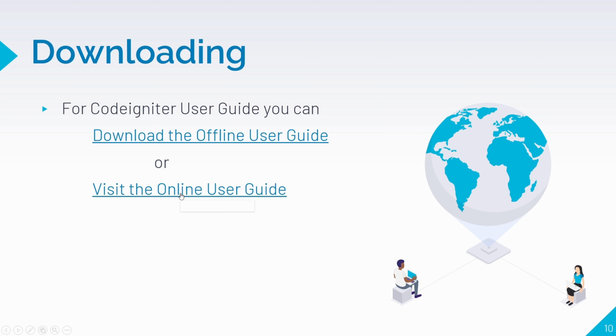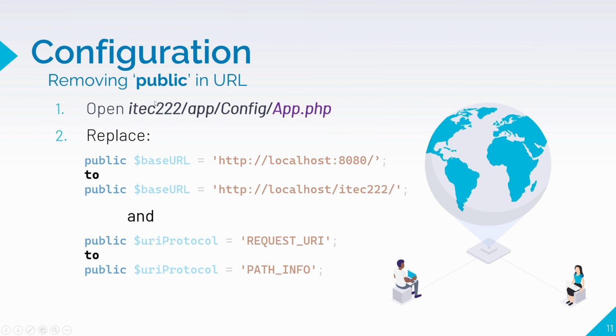Then we can also download the offline version of the user guide or visit the online user guide at codeigniter.com/user_guide/index.html.